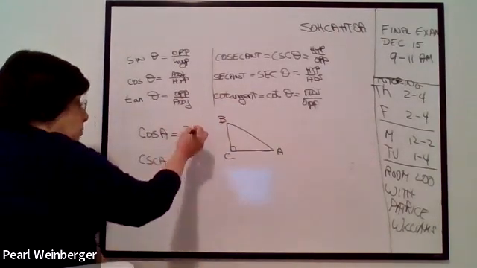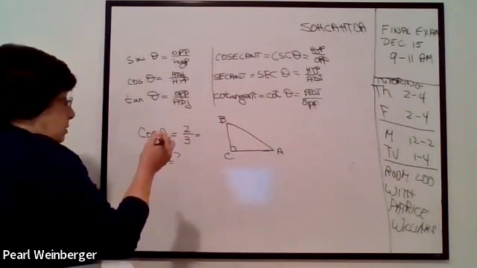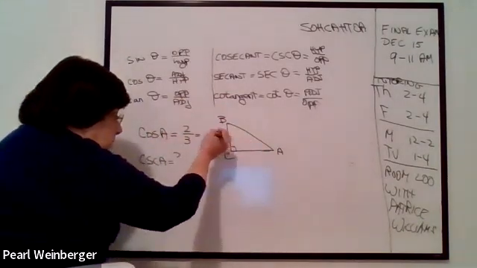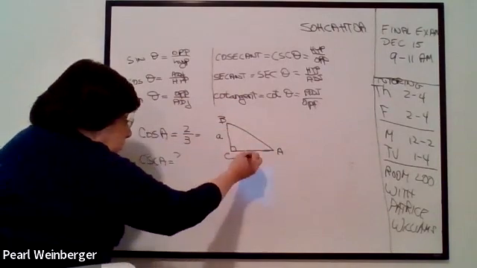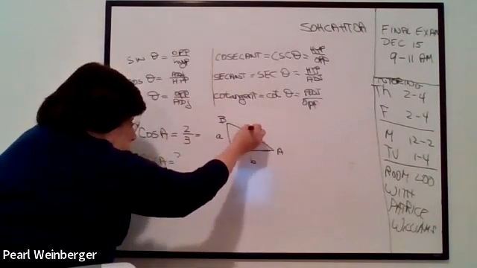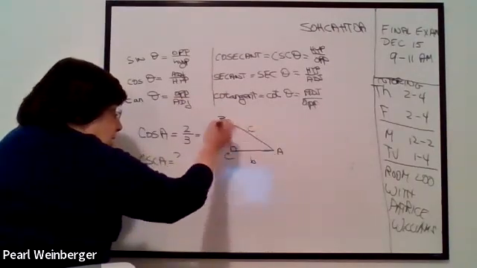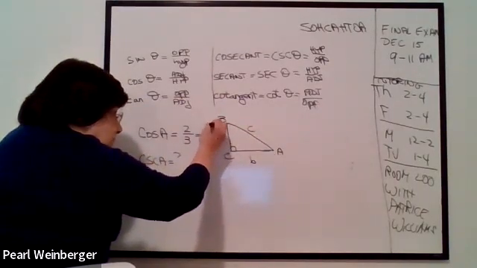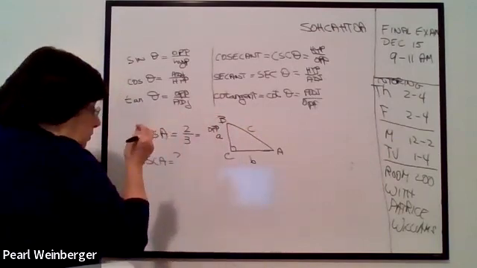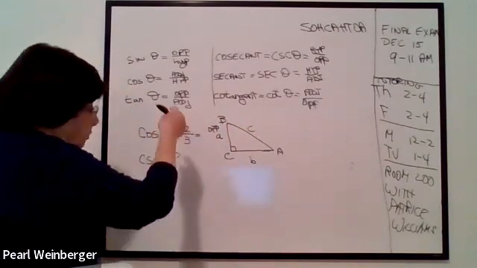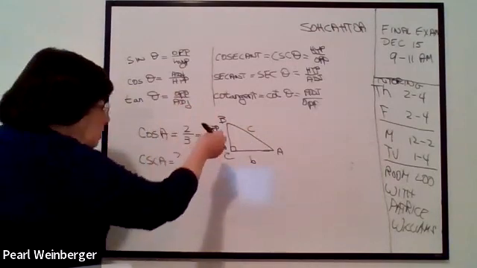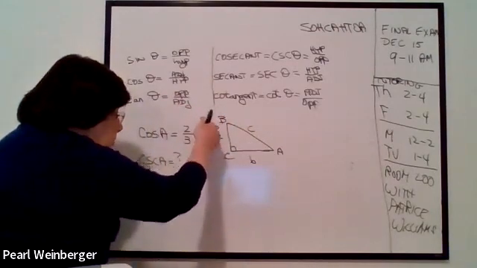Now, this is going to be my small a, this is going to be my small b, this is my small c. And in terms of A, this is the opposite side. Remember, when I'm doing trigonometry, that's the first thing I do. I write opposite, I draw my triangle and put in these symbols.